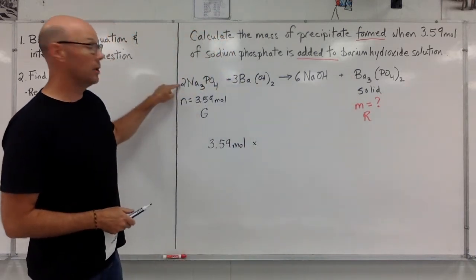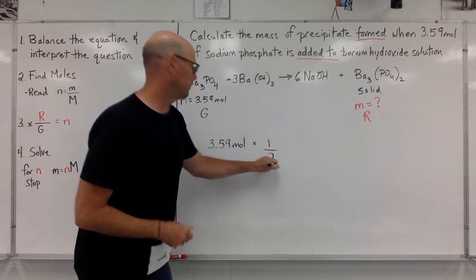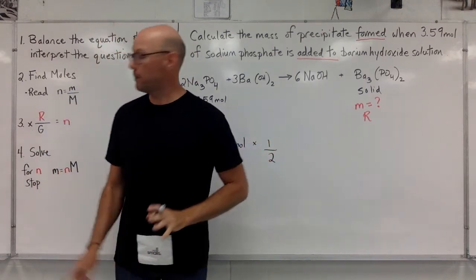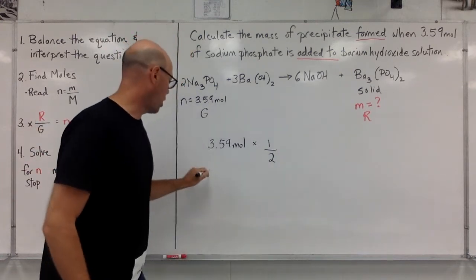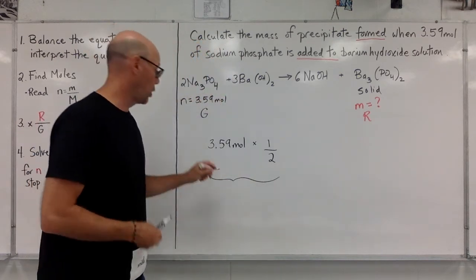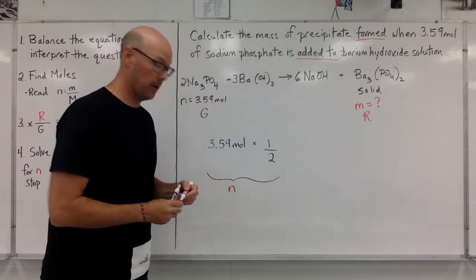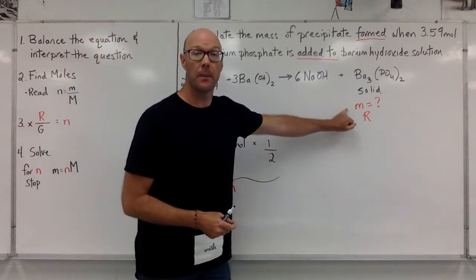G given 2. If we were to stop right now, we would have what I call red N. So all of this represents red N. But this question is not asking us for the moles, it's asking us for the mass.